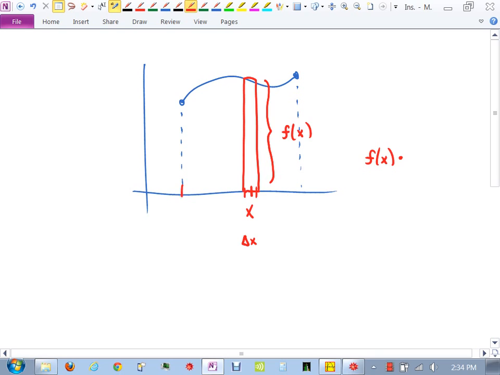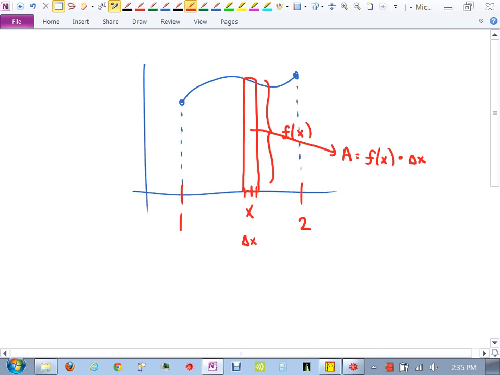So like if I had my interval, here was 1 and here was 2, if I had cut it into two rectangles, each one would be 1 unit wide. If I cut it into 3 rectangles, each one would be 1/3. If I cut it into 4 rectangles, do you understand? So I'm going to call this the change in x. That's basically my width. So the area of this is equal to that.